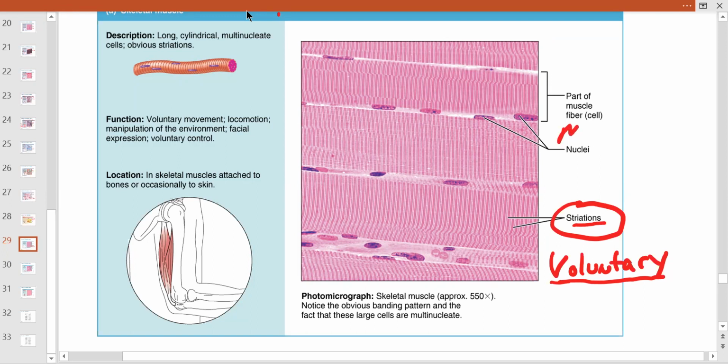It's multinucleated. Many nuclei, thousands it could be in one muscle belly. And the nucleus is peripheral, which means it's to the side of the cells, not in the middle.